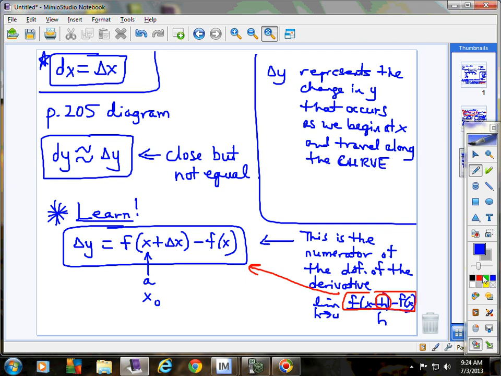C-U-R-V-E, capital letters, underlined in red. Until we have moved dx, or what was another name for dx? Delta x, right? Units.